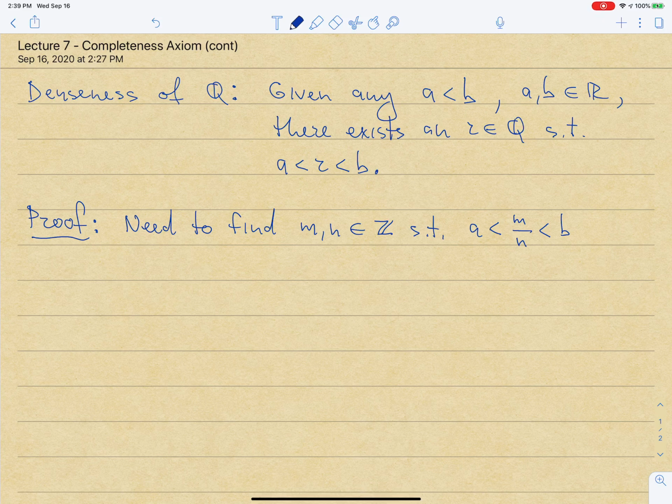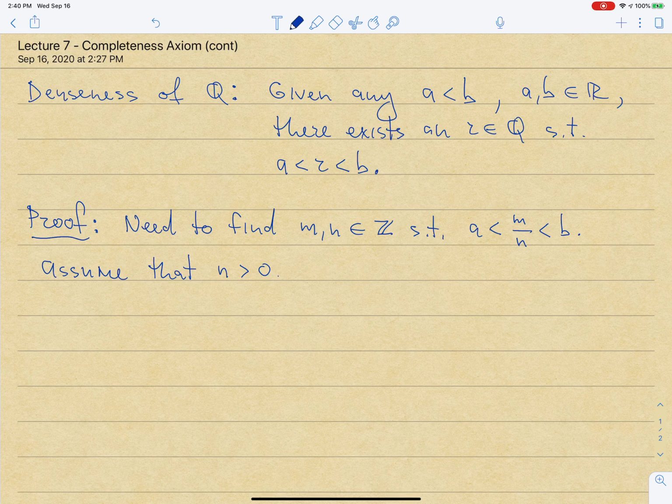Now, in principle, I can require that one of these numbers is positive, and I'm going to place that requirement on n. So assume that n here is greater than 0.